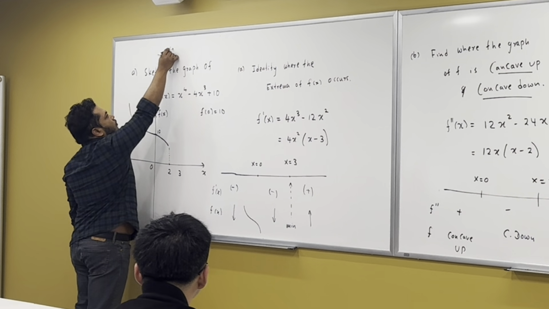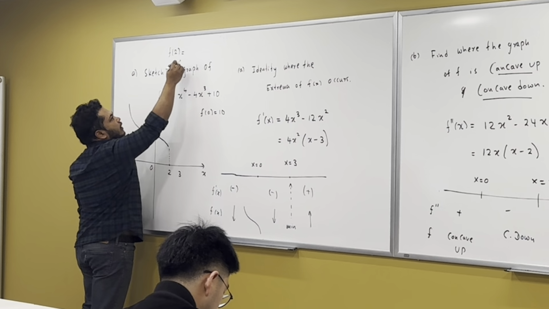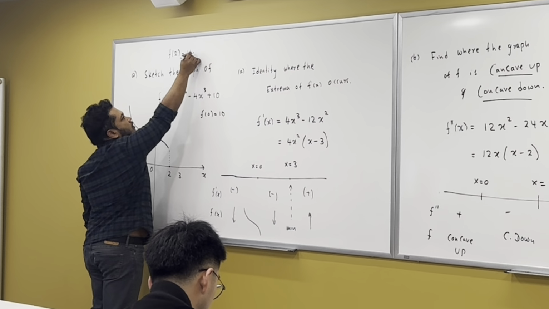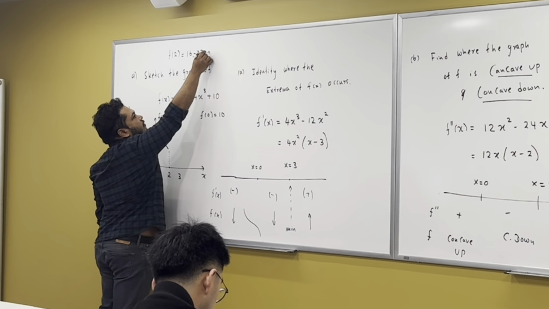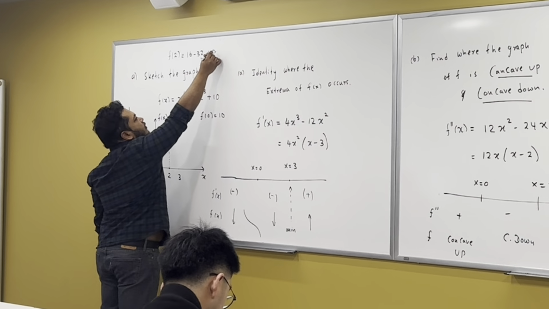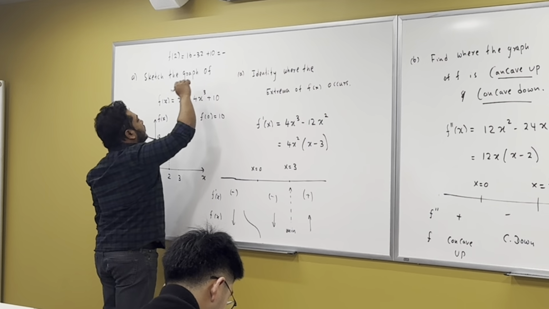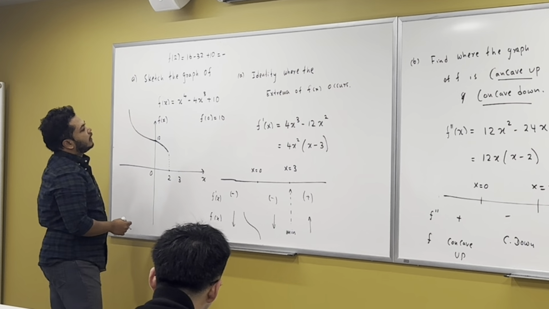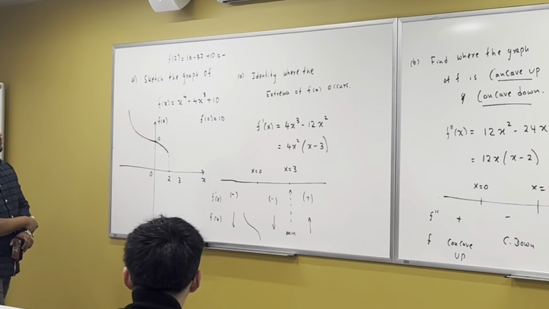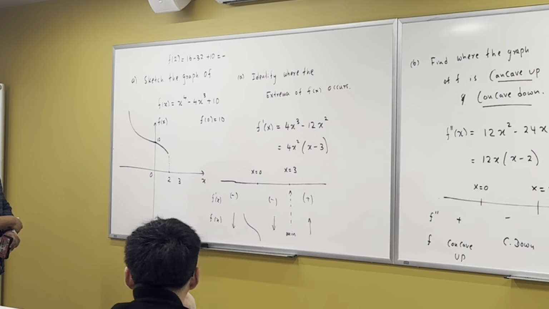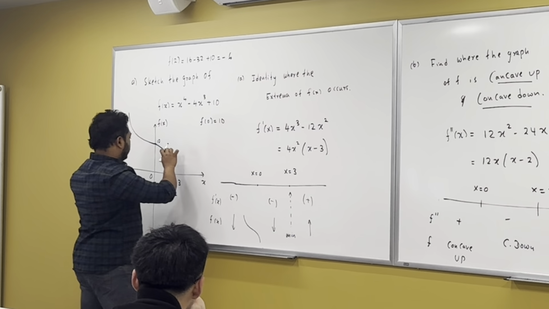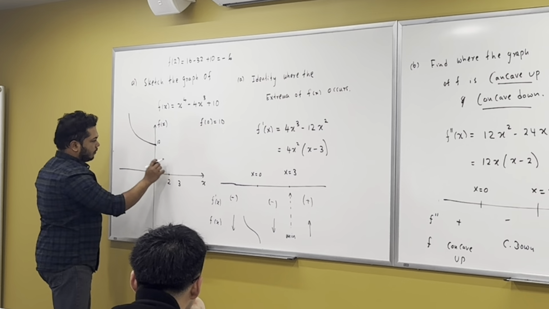For example, f of 2 is what? 16. This is 8 times 4, which is 32 plus 10. So it will be negative 6, right? Can I double check? Yeah, 8 times 4, yeah, it's a negative number. Negative 6. So that means this is really coming down.